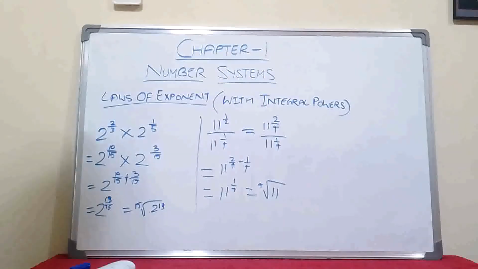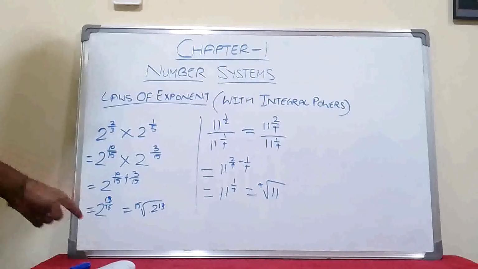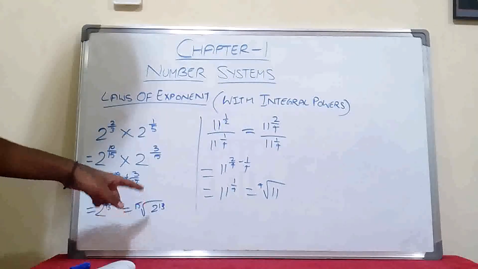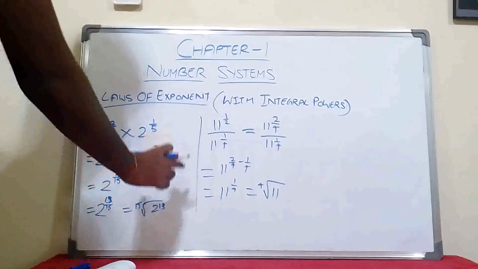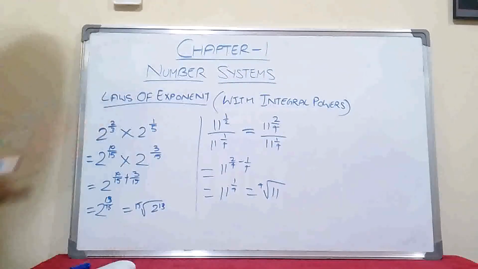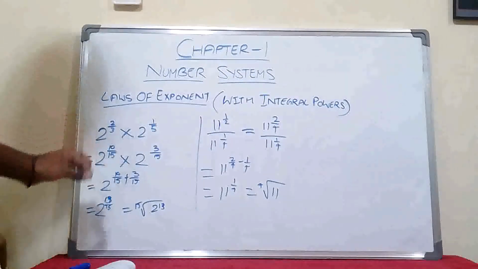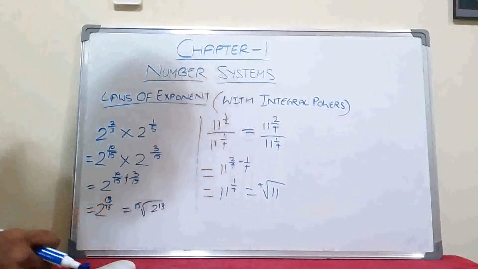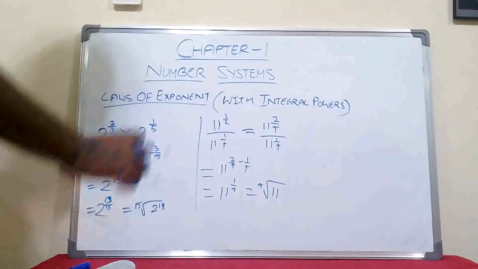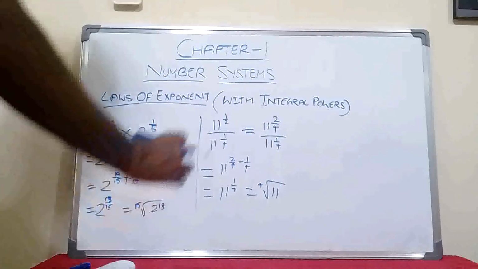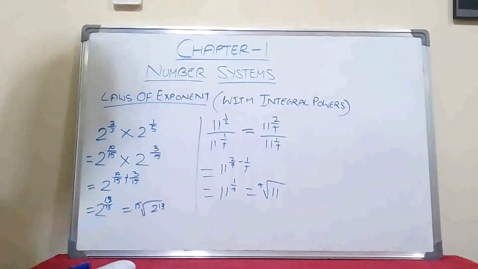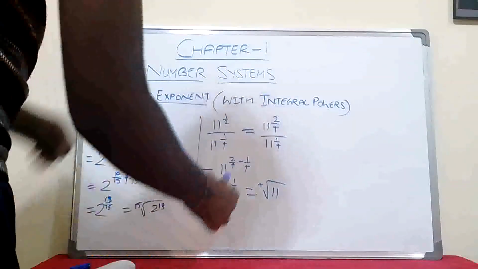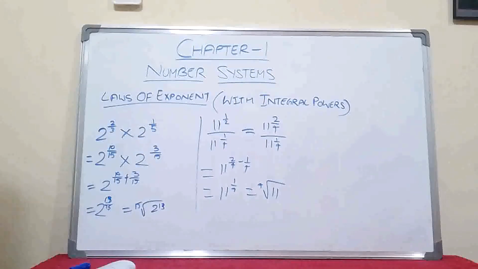So when we add the powers here, we get 13 by 15, and then we can write it as I've said: the denominator comes as the root and the numerator stays as a power. So here it is 15th root of 2 to the power 30. Here it's 11 to the power 1 by 2 divided by 11 to the power 1 by 4. Here it is subtraction, so first we have to make them like terms and then subtract. So here we get 11 to the power 1 by 4, which can be written as the 4th root of 11.